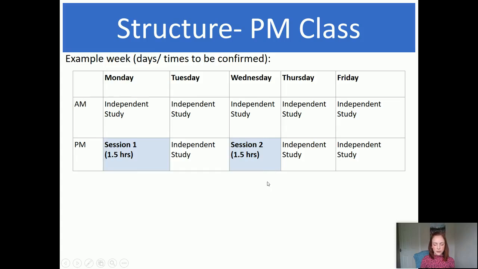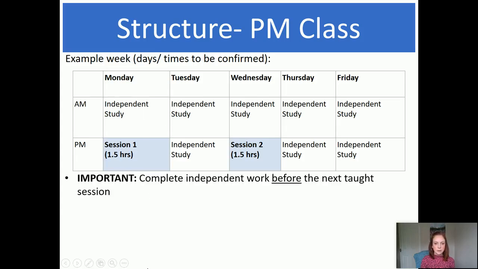I'll confirm the times in a separate email. But just as an example, you need to be available for 2 evenings a week. That could be starting a class at 6 p.m. until 7:30 p.m. as an example.